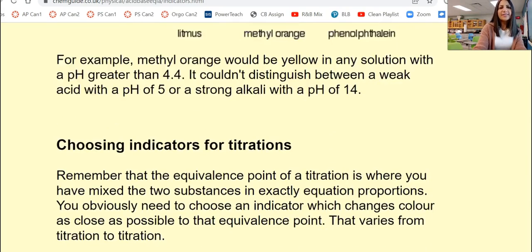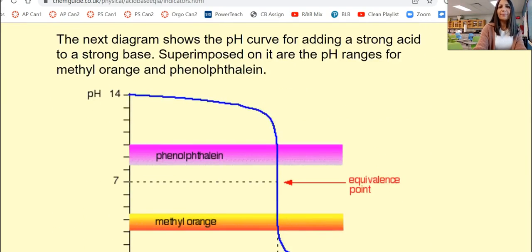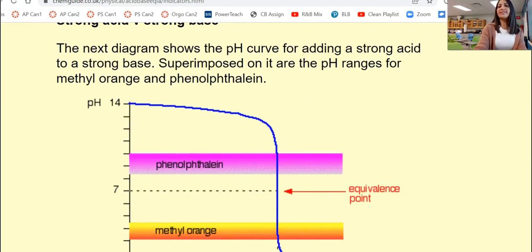So let's take a look down here and see what happens. So this is going to be a strong acid, strong base. Phenolphthalein is typically going to be very popular. You're going to see why in just a second, but we've got methyl orange and then we have phenolphthalein. Notice that with our strong acid, strong base, we've got such a big region here where our color change is going to be obvious at the equivalence point.